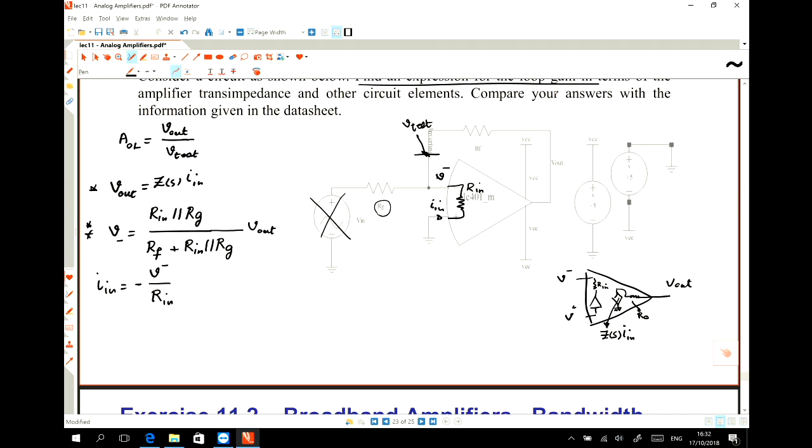So if I replace the V minus with this one, then I can see that it is minus 1 over R in multiplied by 1 divided by RF divided by R in parallel with RG, plus 1, times V out.